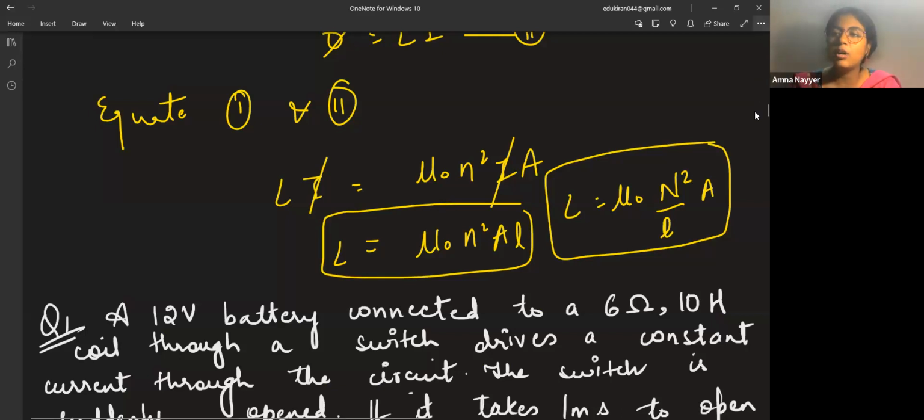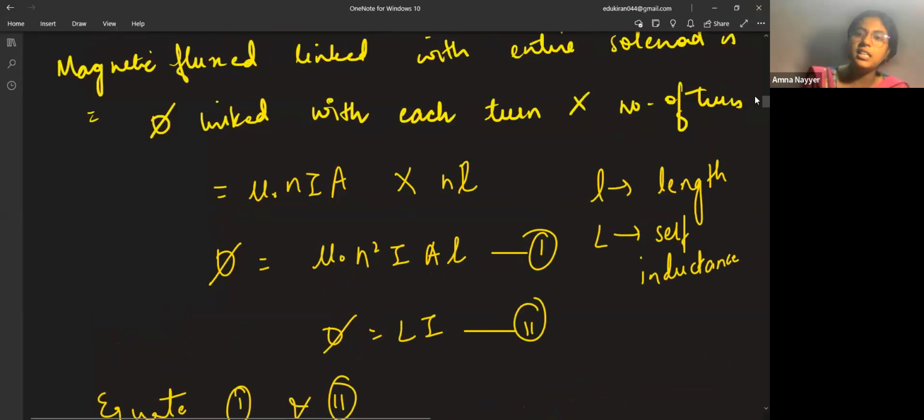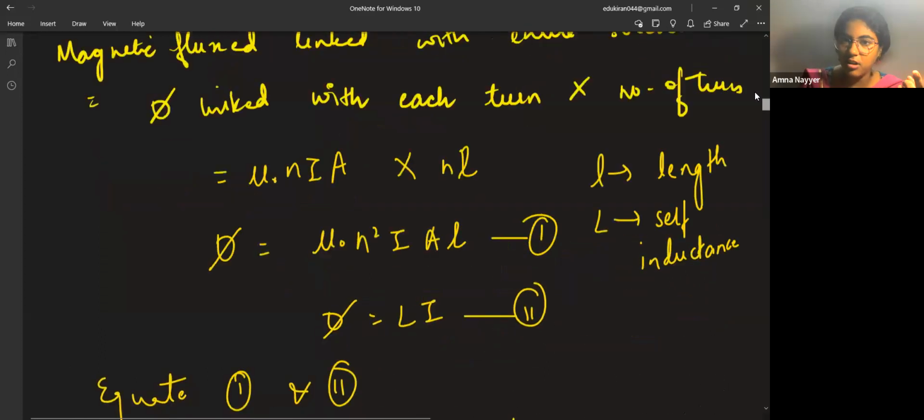Thank you, Fia. Actually, that's what I'm telling you. The small n and capital L, because both the symbols are the same, it becomes confusing, and it is becoming confusing for me as well. So please be careful with the symbols. Otherwise, self-inductance and length will become very confusing for you. So we have length in the formula, and we are calculating it for self-inductance. All right. Note this down.